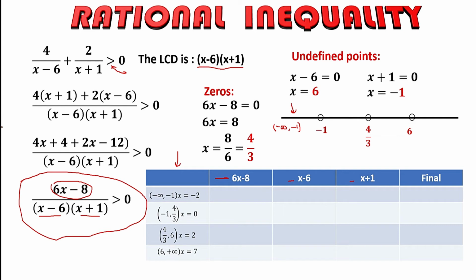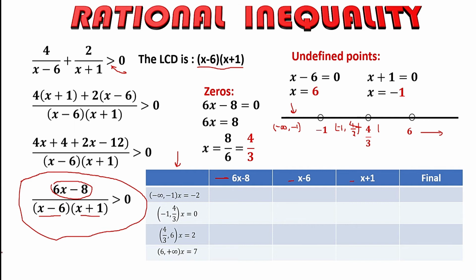Another interval is from -1 to 4/3, and the last interval is from 4/3 to 6. That's the intervals: negative infinity to -1, -1 to 4/3, 4/3 to 6, and 6 to positive infinity. And you select one number in each interval.